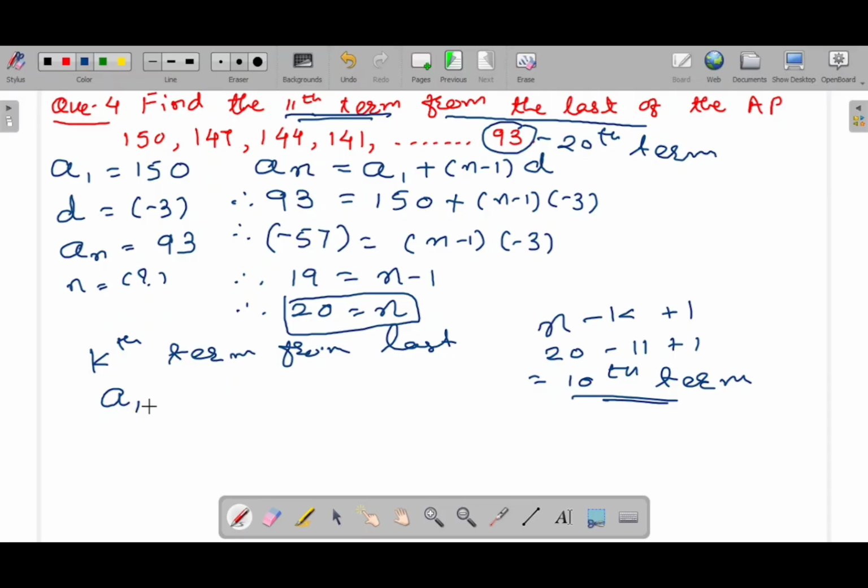So the 10th term equals the first term 150 plus n minus 1, that means 10 minus 1, which is 9, into the common difference minus 3. 150 minus 27, so 130 and then 123. So 123 is the 11th term from the last.